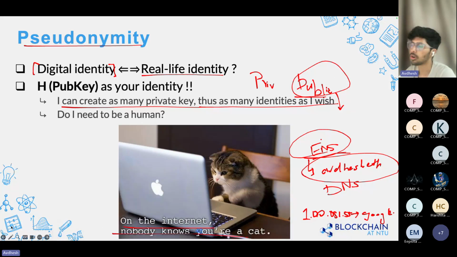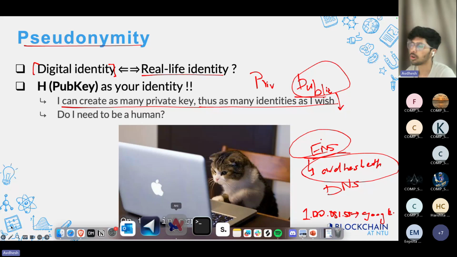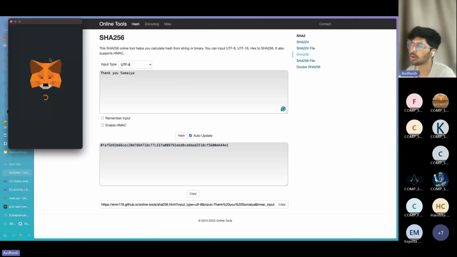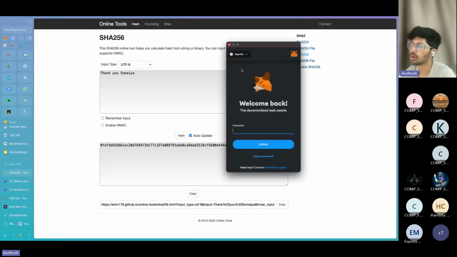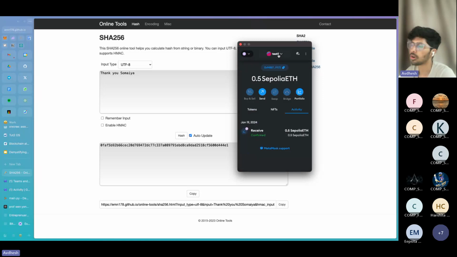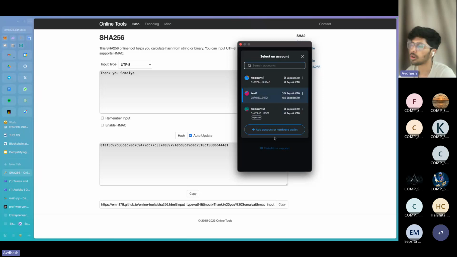So this is mainly on the Ethereum network. This is MetaMask, which is just a wallet system. You can see my MetaMask. I'll just type in my password. I'm currently on test one.